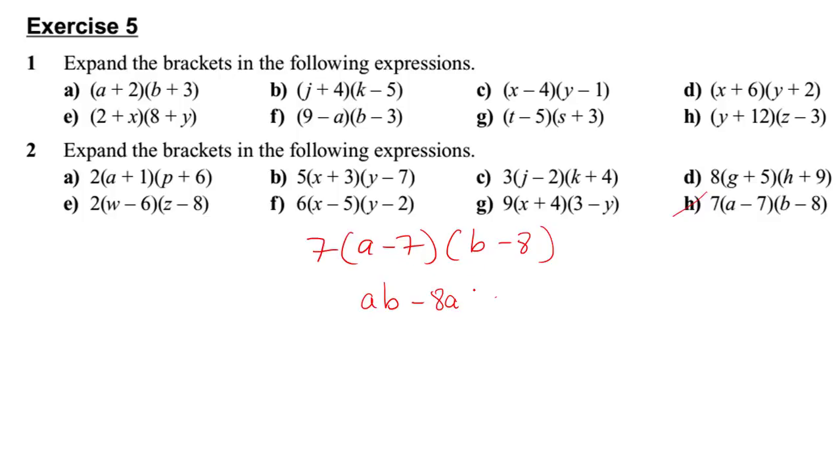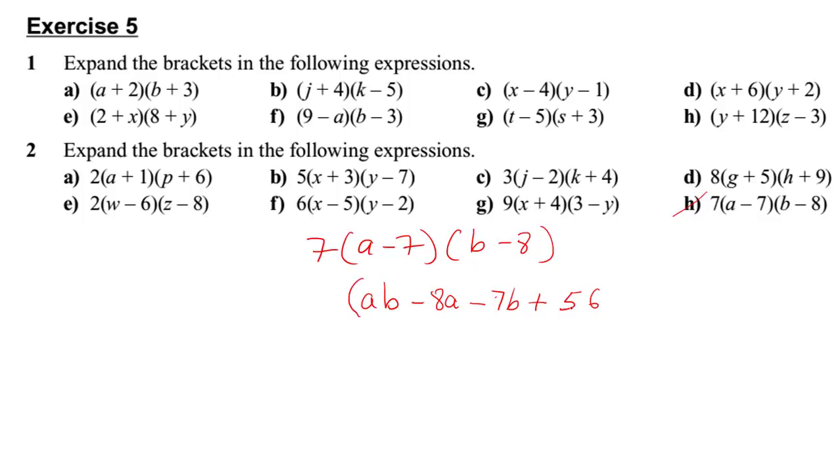So 7 times b is 7b, but because it's negative there, that's going to be minus. Remember, negative times positive becomes negative. Then I'm going to do 7 times 8, which is 56, but this is negative and that is negative. Remember, negative times negative becomes positive. Okay, then what I need to do now is to try and simplify, but here there's nothing I can simplify because they're different terms.